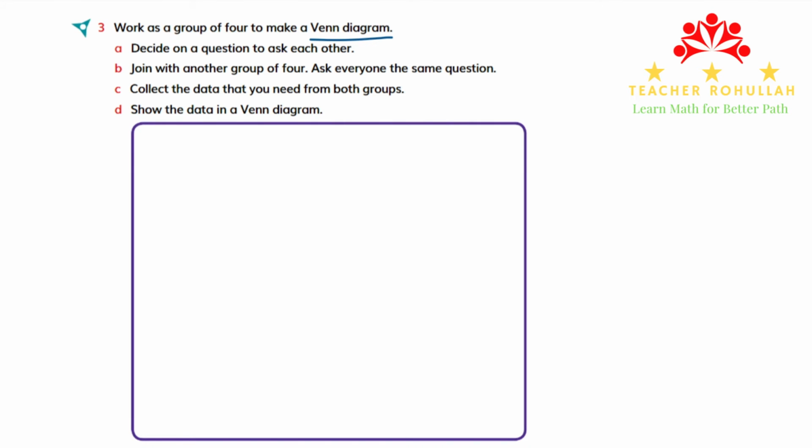So the question that, for example, the group decides on is, what is your favorite animal? What is your favorite animal? This is just an example. You can ask different questions and you can sort them in the Venn diagram.